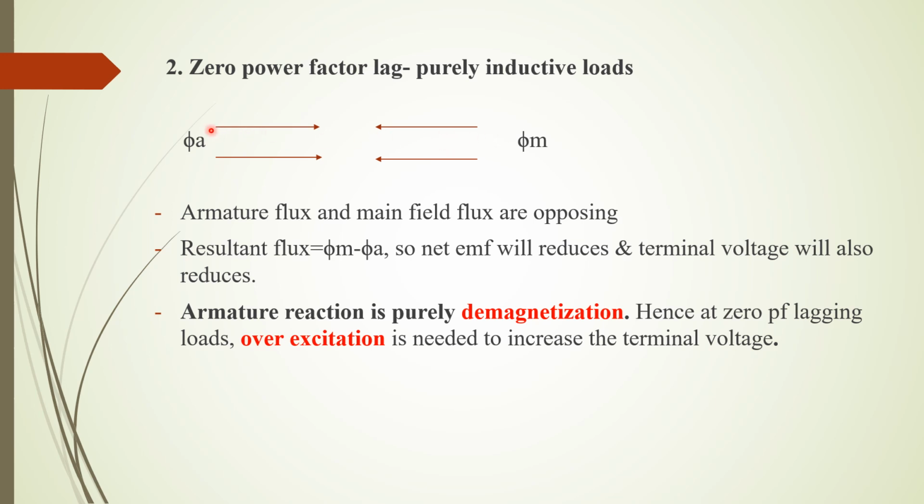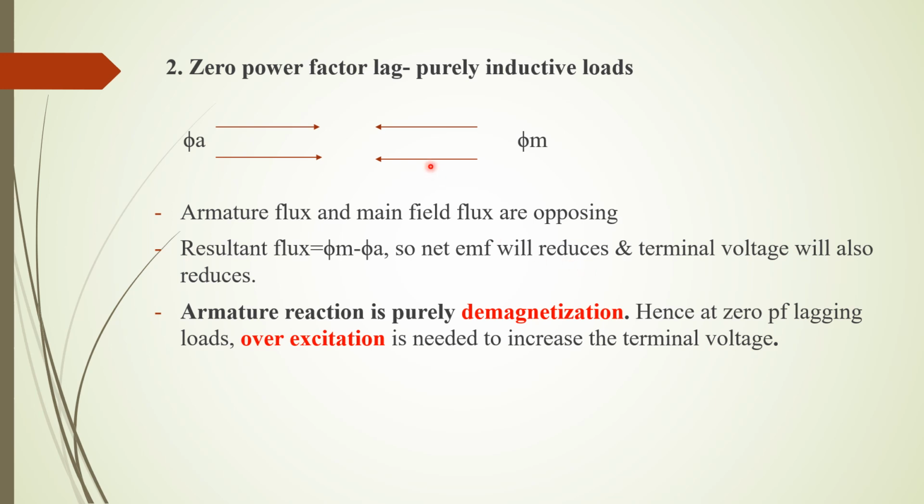That means if the direction of the main field is moving from right to left, then the direction of armature flux will be from left to right. Both of them are opposing each other. As a result, the resultant flux will be the difference of these two fluxes. That means resultant flux phi R is equal to phi M minus phi A. So net flux will be reduced.